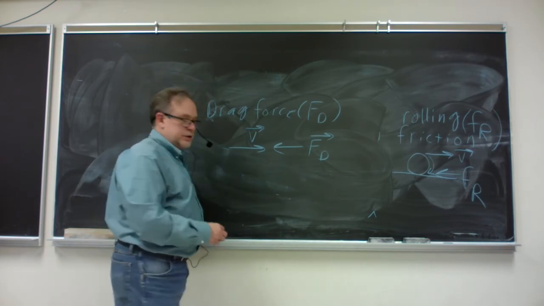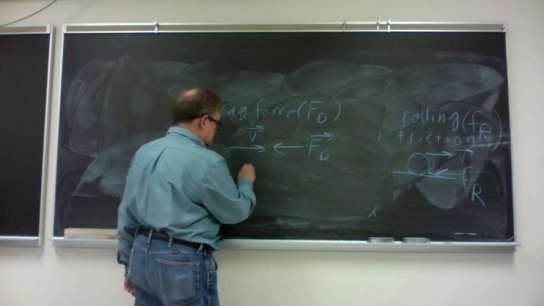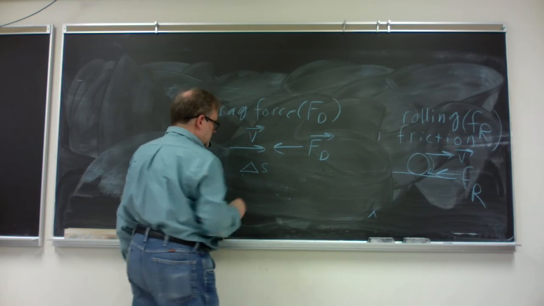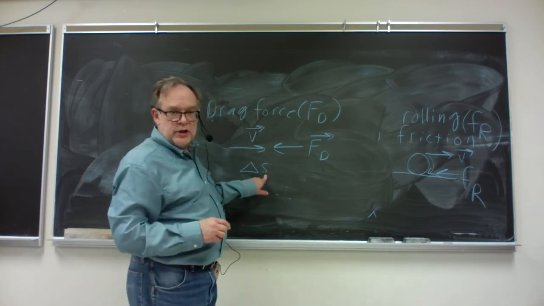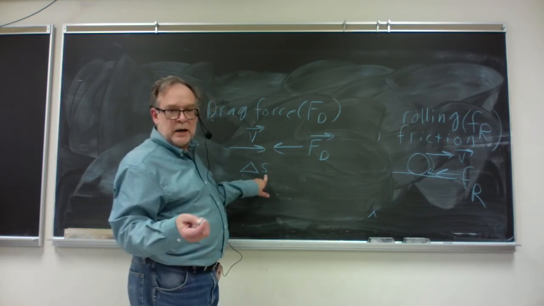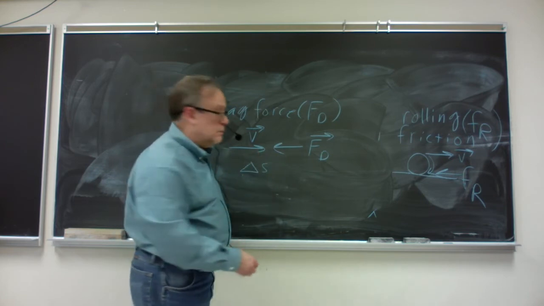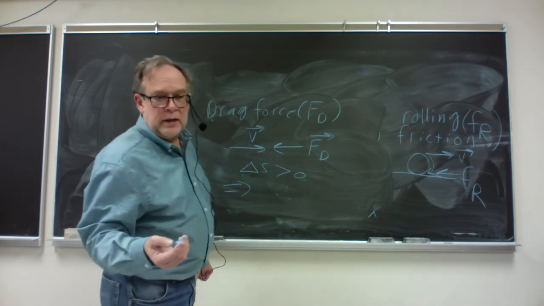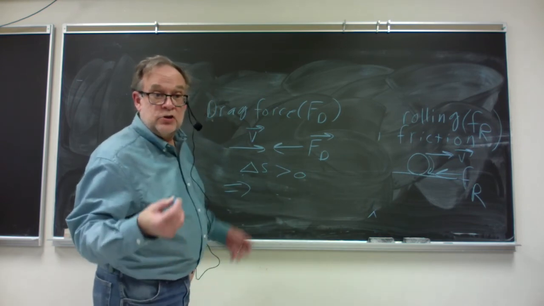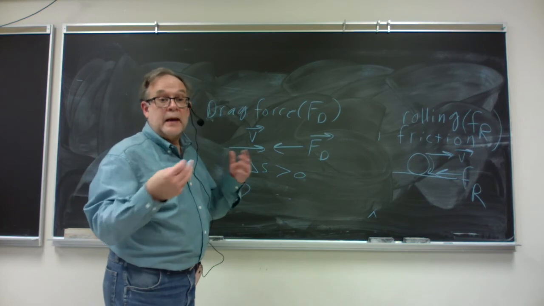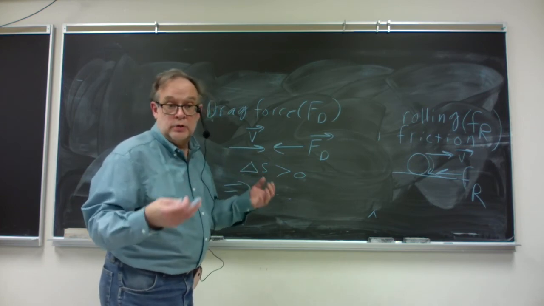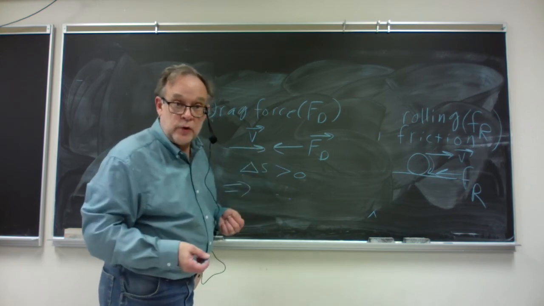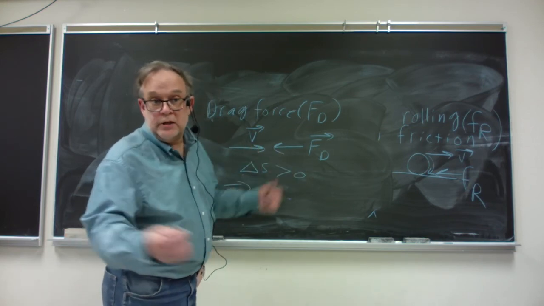So we'll just put it this way, that if the change in speed is positive, that is something speeding up, then that implies that the drag force must get stronger, or the magnitude of the drag force gets bigger, the strength of the drag force gets bigger, or the absolute value of the drag force gets bigger. There's three ways of saying the same thing.